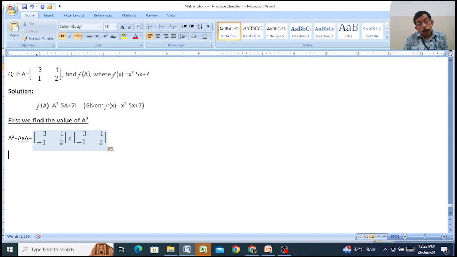The number of columns is equal to the number of rows in both matrices, so the multiplication is possible.